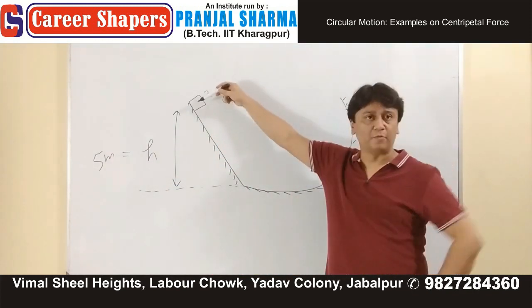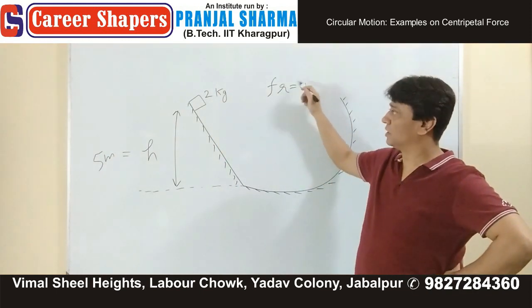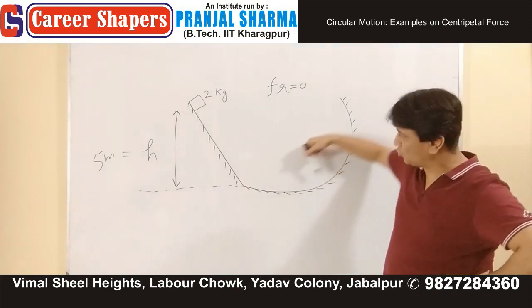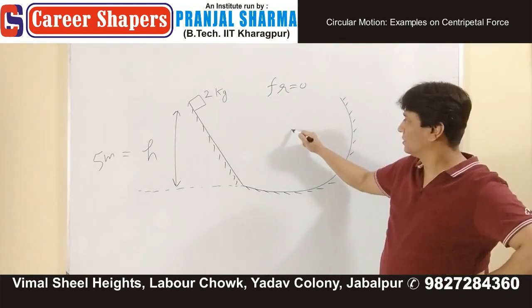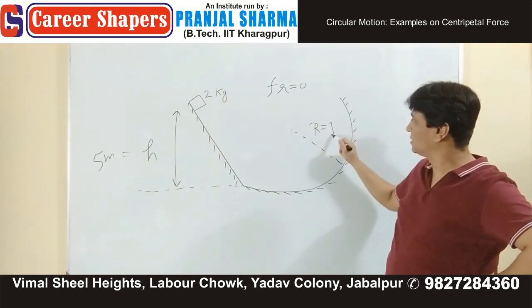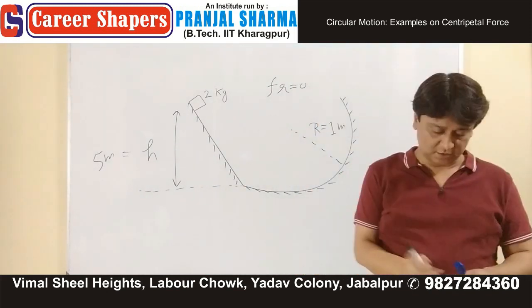You release it from the incline, there is no friction anywhere. So you release it from the incline, it comes down and then starts moving in this circular plane. You can take the radius as 1 meter. The question is something like this.